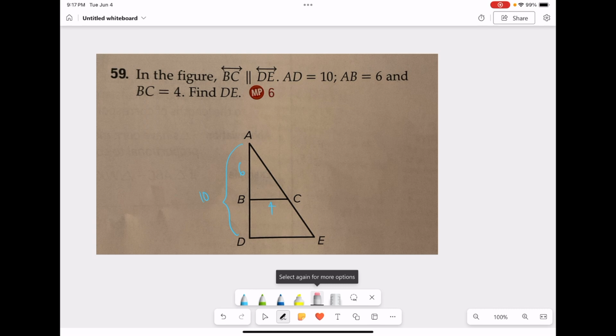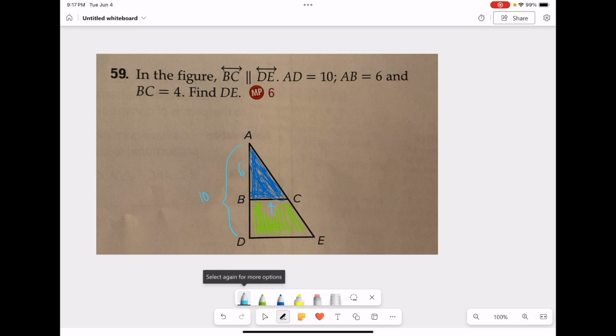Well, we're going to use the bigger triangle, which is this one here, and make it proportional to the smaller triangle that's right here, that I'll shade in. Maybe I'll color it a little better. We'll use this smaller triangle to solve for the bigger value of DE here. So we'll color this in, and we can start.